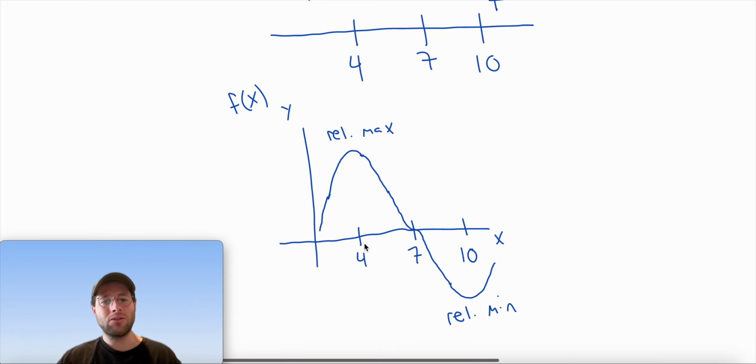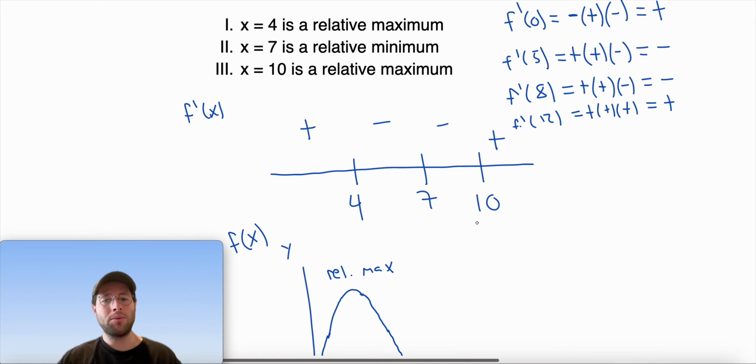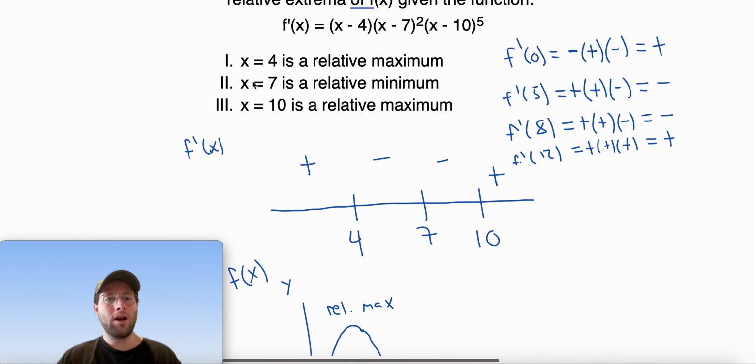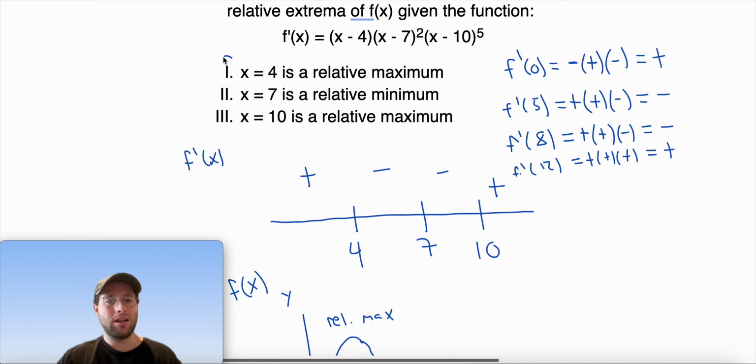At x equals 4, it's a relative maximum, and at x equals 10, it's a relative minimum. So from our options here, the only one that works out is option 1, where x equals 4 is a relative maximum. Because at x equals 10, we do not have a relative maximum, we have a relative minimum.